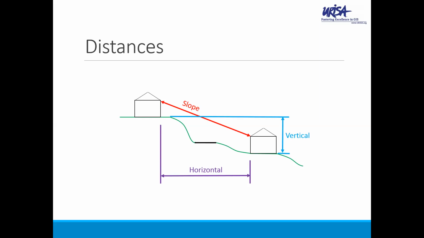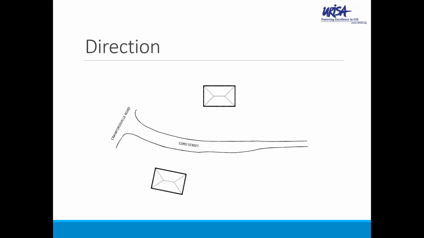So we can see that just simply talking about distances is really not meaningful until we start looking at these more complex relationships. So maybe in its simplest form, direction is simply just an orientation to north.